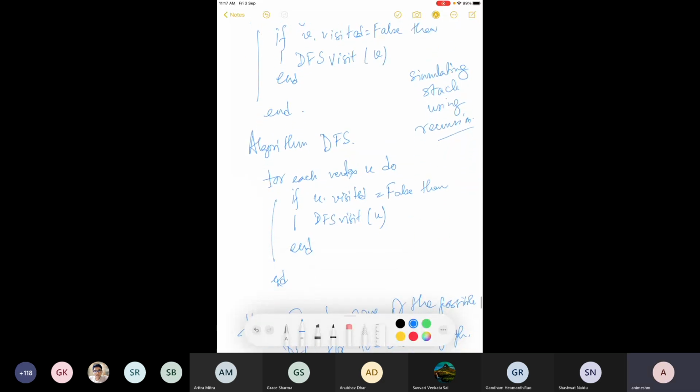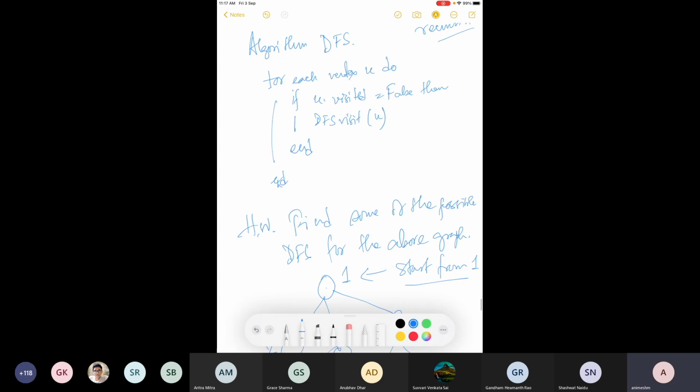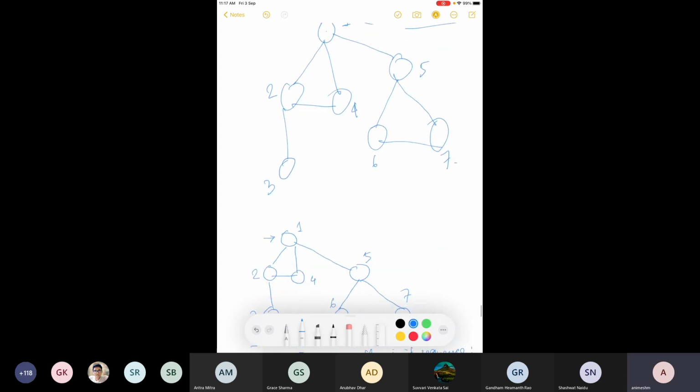For each vertex u, if u is visited, if u visited is false, then DFS visit u. So you are going by each vertex and then you are exploring all the edges of that vertex. So you see, you are going here from 1, you are exploring this edge.